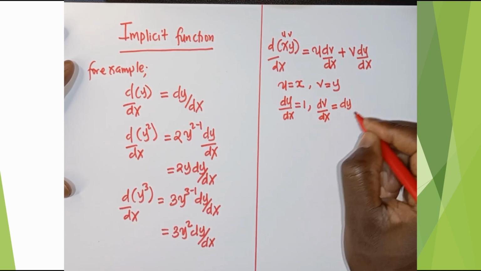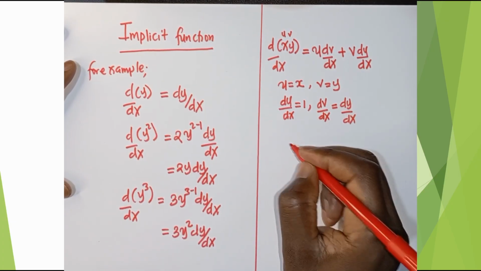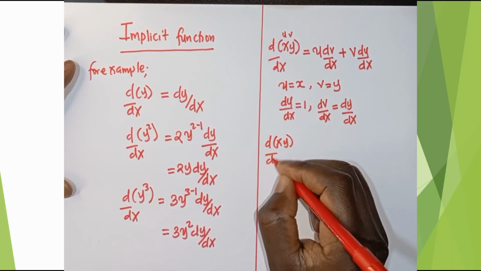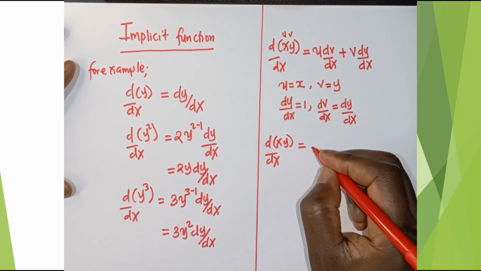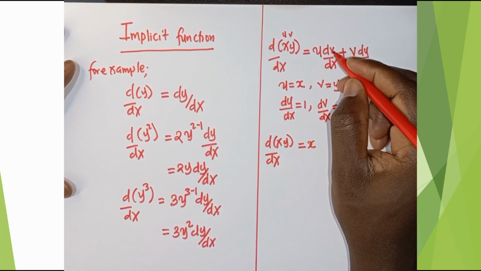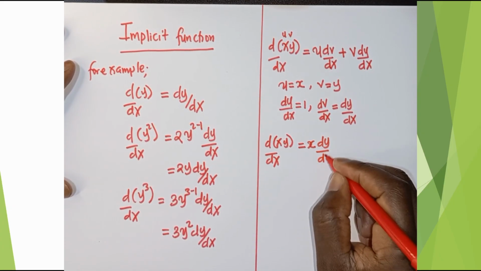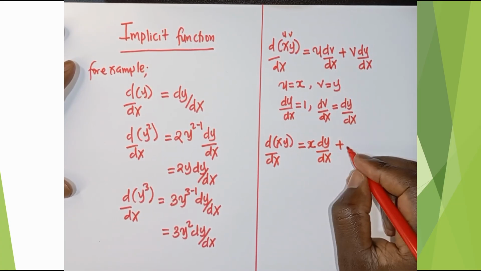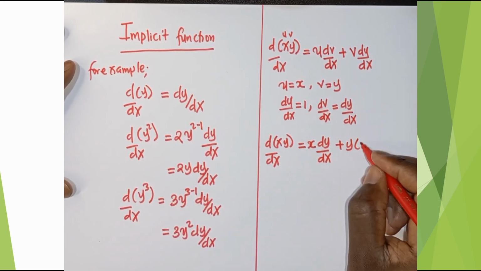Now putting it back, our derivative of xy with respect to x will be keep u constant, which is x, differentiate v, it is dy by dx, plus keep v constant, which is y, du dx is 1.